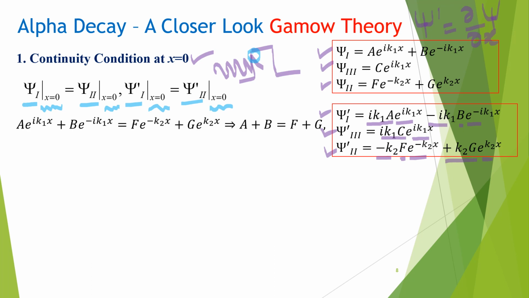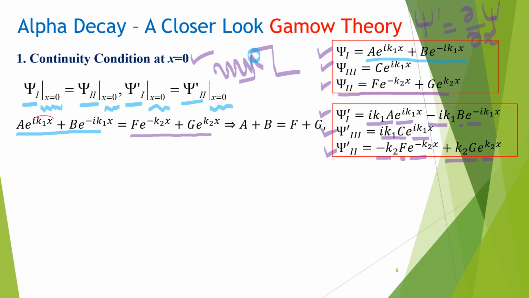Now let us roll through these equations. So psi1 is this expression that I have written here, and psi2 is this expression I have written here. And now further I want to plug in x equal to 0.